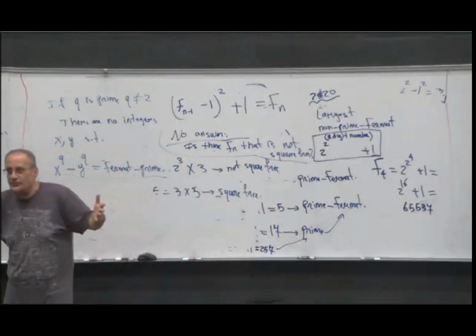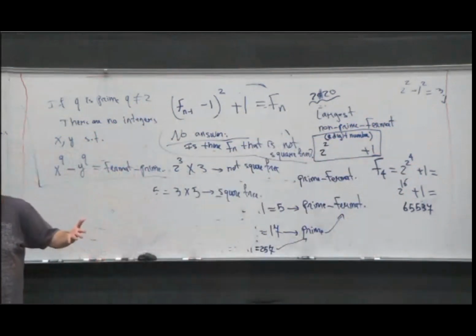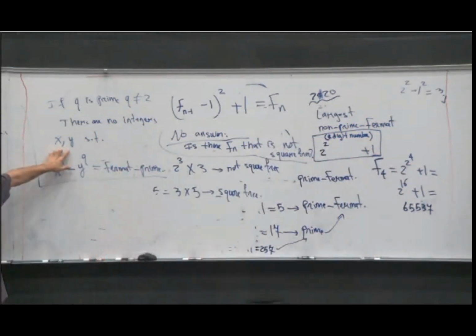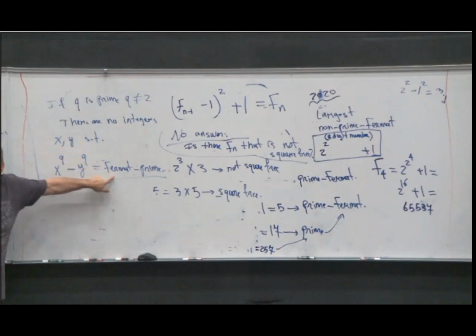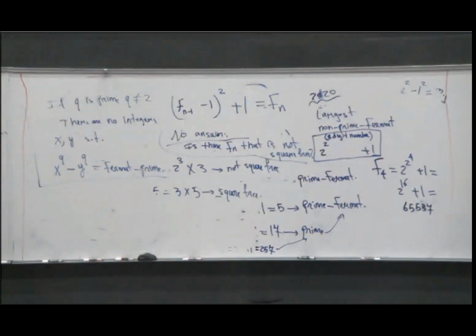If you spend your life and the life after, trying to find 2 integers where the integer to the power 3 minus the integer to the power 3 gives you a Fermat prime, forget it. You're wasting your life and the life after, both, because it's established you cannot do that.